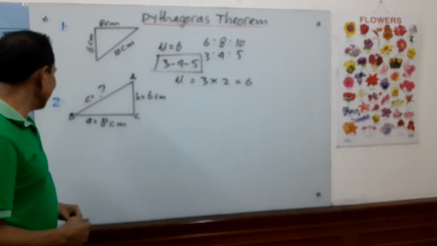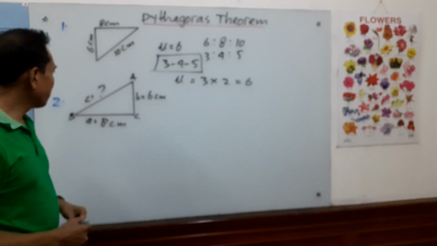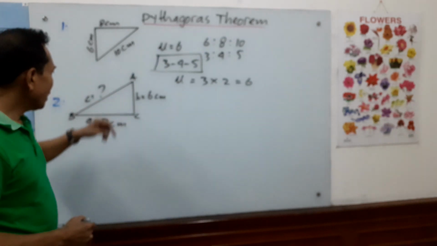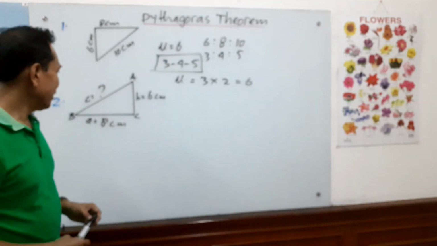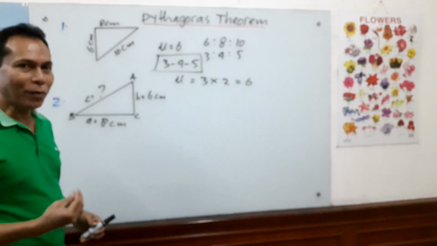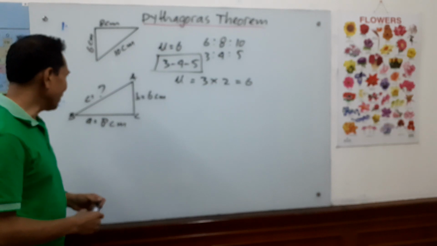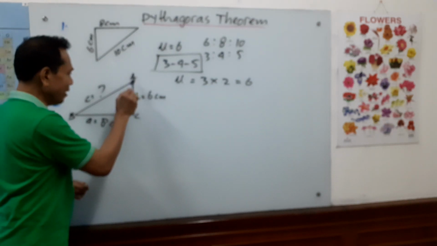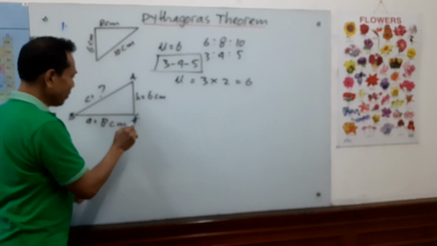Now we look at the second triangle, number 2 here. As I told you before, children, it's easy for us to give a name to each side. We have this angle here, and we have A here, B here, C here.